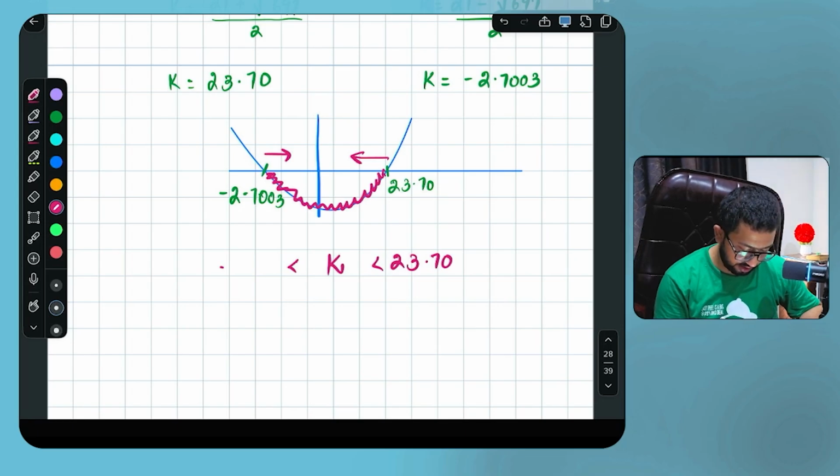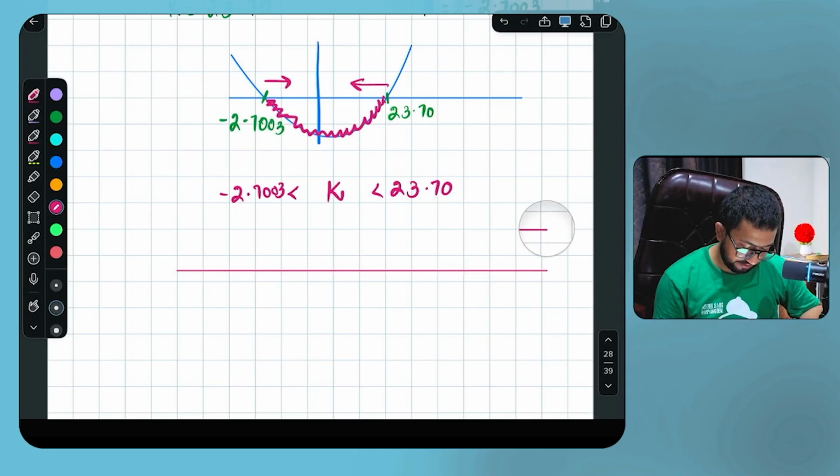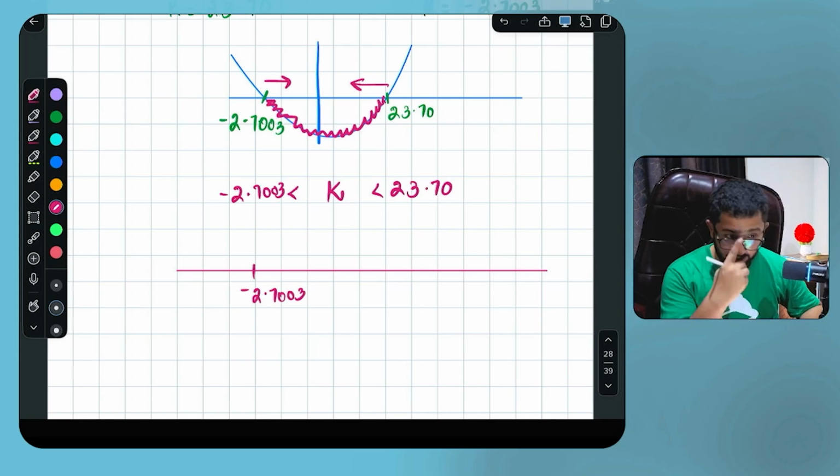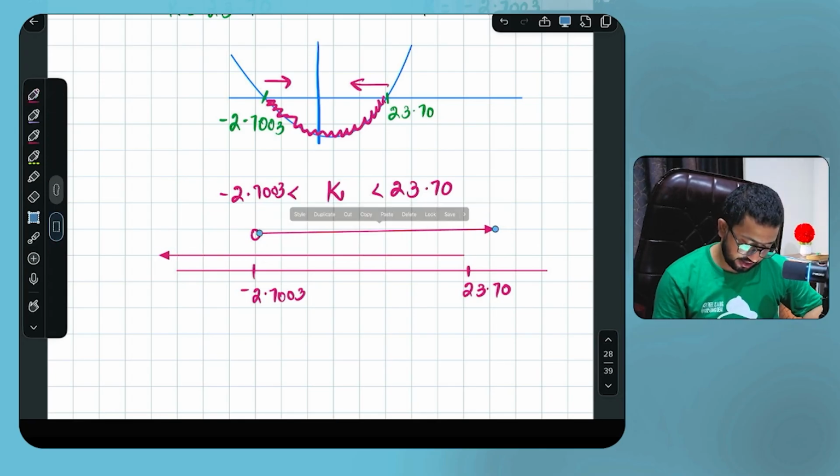Note for the question, be careful. So k is actually greater than minus 2.7003 and k is less than 23.70 only, as you can see clearly.